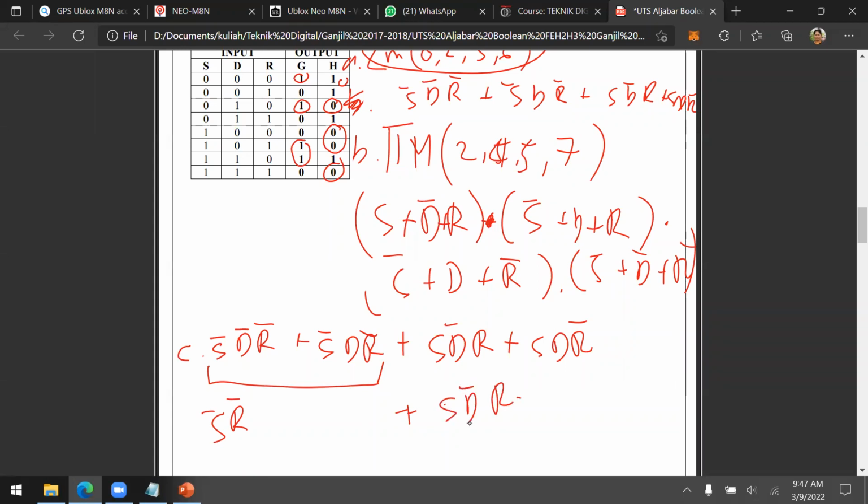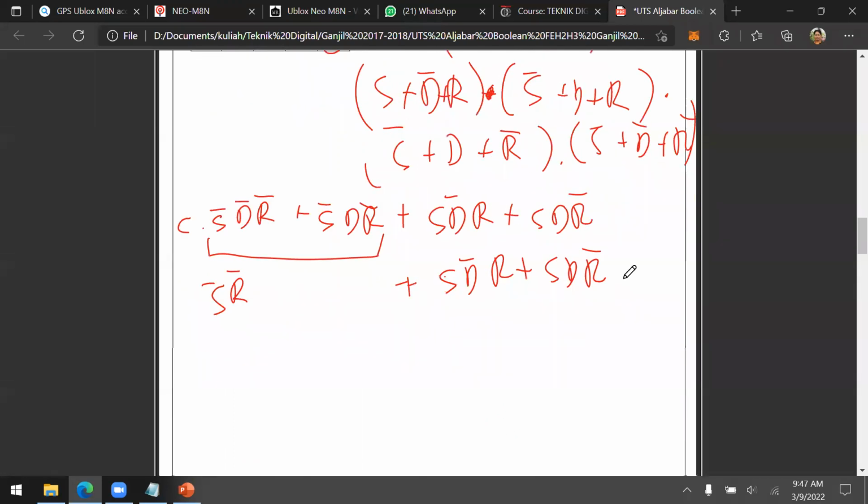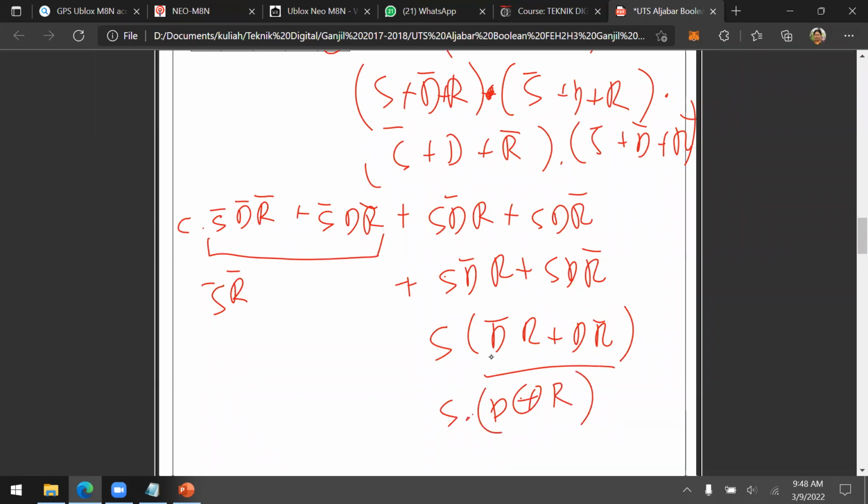Okay. And what else? We can use this is S, and then D naught R plus D R naught, and this is actually D XOR R. S naught R naught plus this.